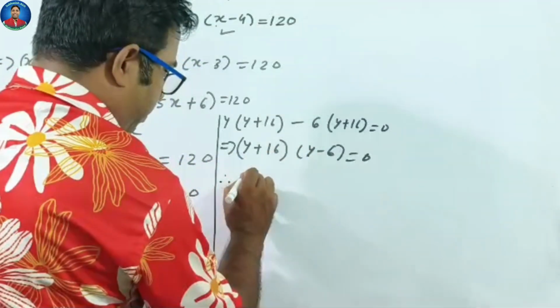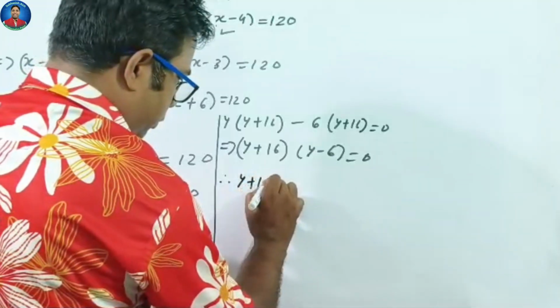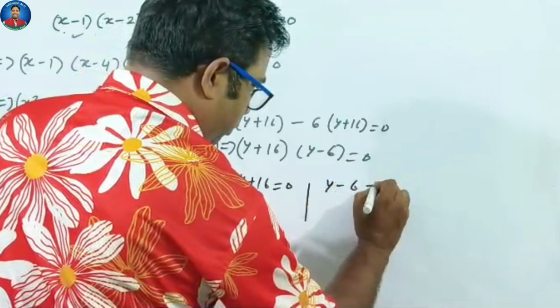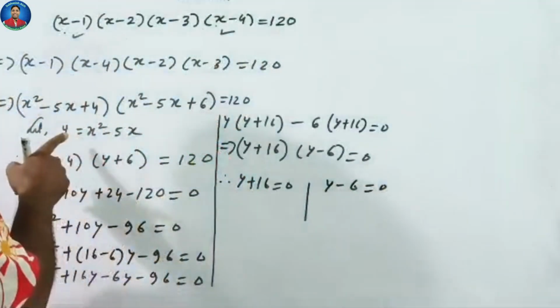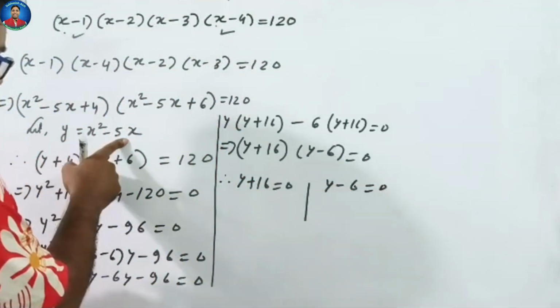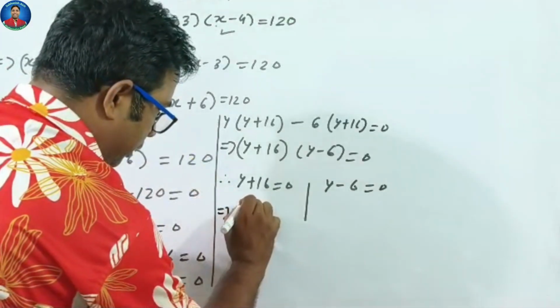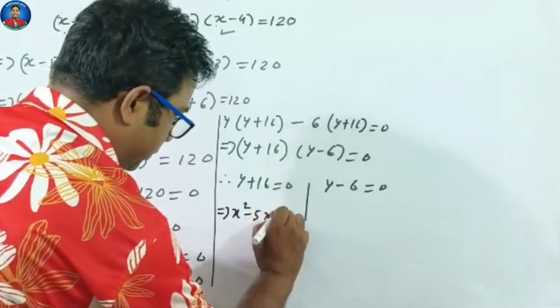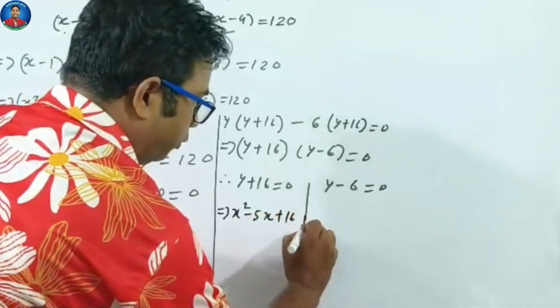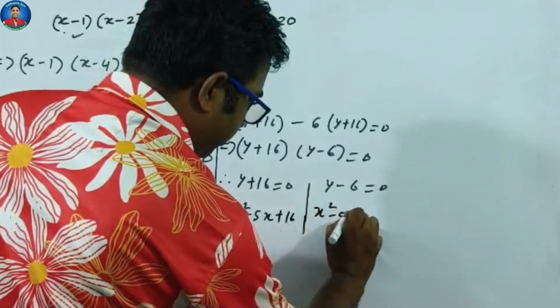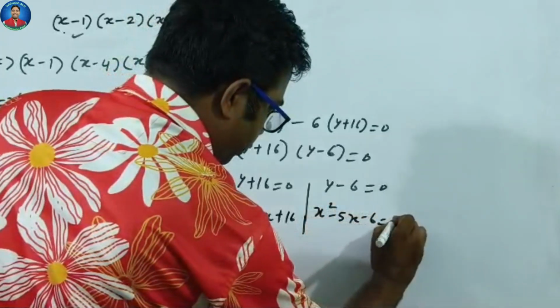So if we consider y plus 16 equal to 0, and if we consider y minus 6 equal to 0, initially we considered this y as x square minus 5x. Now we shall put the value of y, that is x square minus 5x. If we put it here, it is x square minus 5x minus 6 equal to 0.